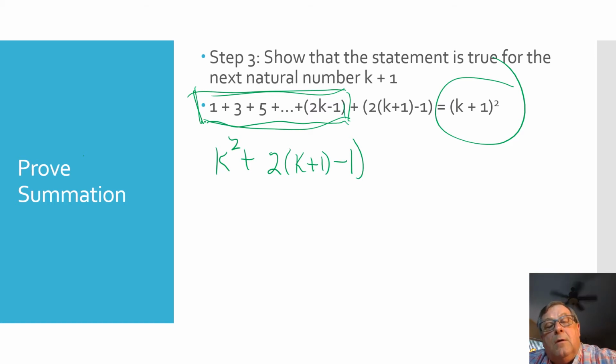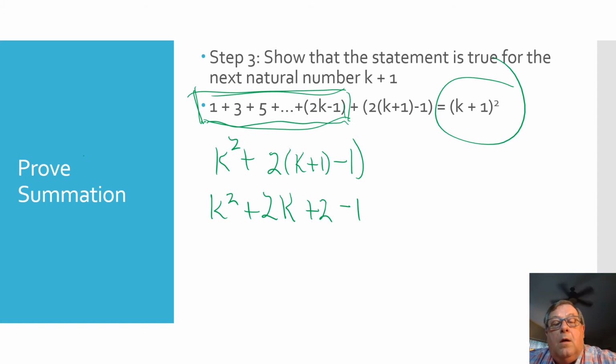So let's solve the left side of this and see if it proves to equal what the right side is. Well, let's see. Then we've got k squared plus 2k plus 2 minus 1. And let's combine like terms, and we get k squared plus 2k plus 1.